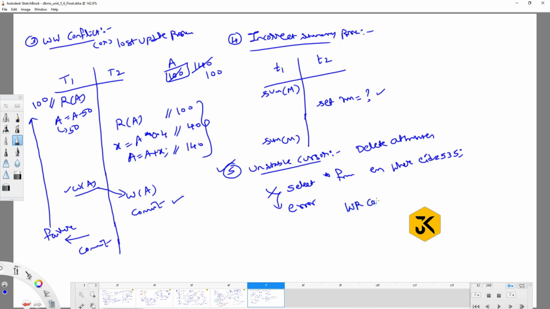why is a write read conflict going to occur? What is the reason the WR conflict occurs? Because of reading uncommitted data, we are getting a write read conflict. Similarly, why are you getting a read write conflict?